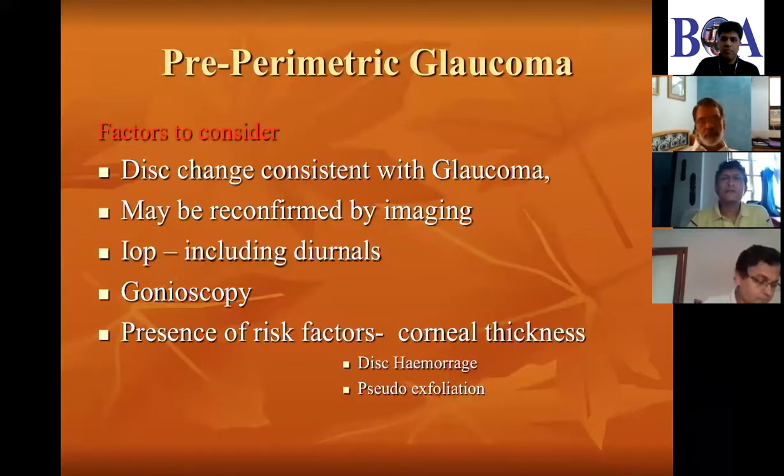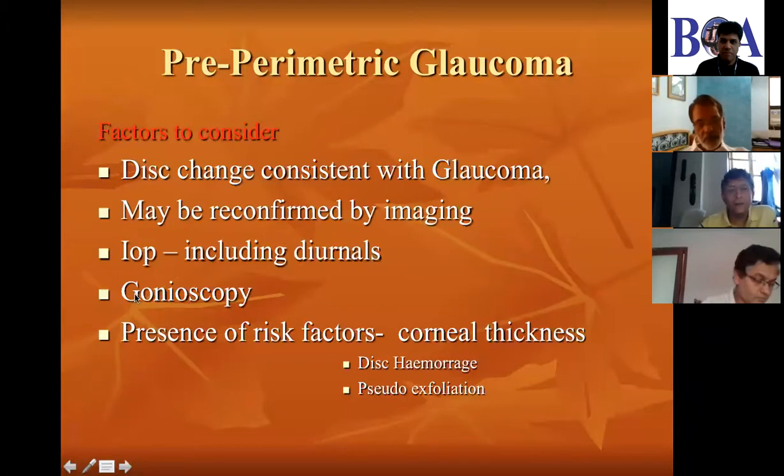So when you see a pre-perimetric glaucoma, first you have to consider whether the disc change is consistent with glaucoma. It could be an abnormal disc or a colobomatous disc or some congenital defect. This may be reconfirmed by imaging, and you need to look at the intraocular pressure more carefully, including the diurnals and the corneal thickness.